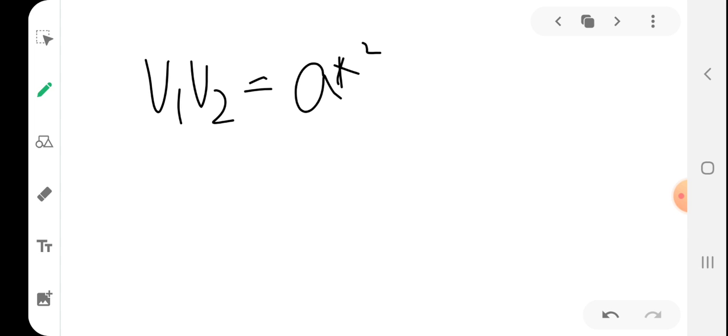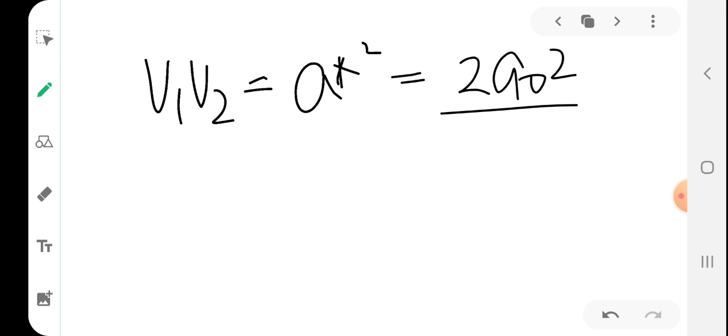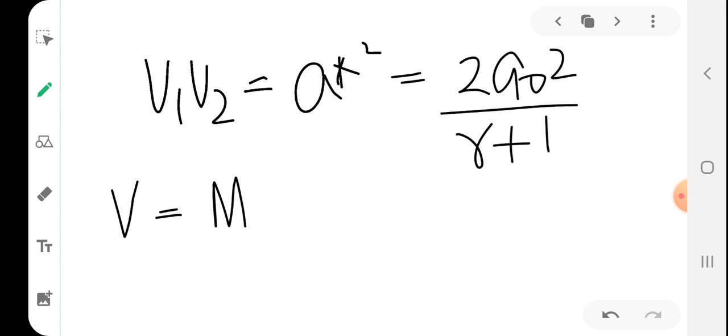Okay. So students, we know V1 V2 is equal to a star square, right? A star square can be written as 2 a0 square by gamma plus 1, right? Now we know that V can be written as M into a.